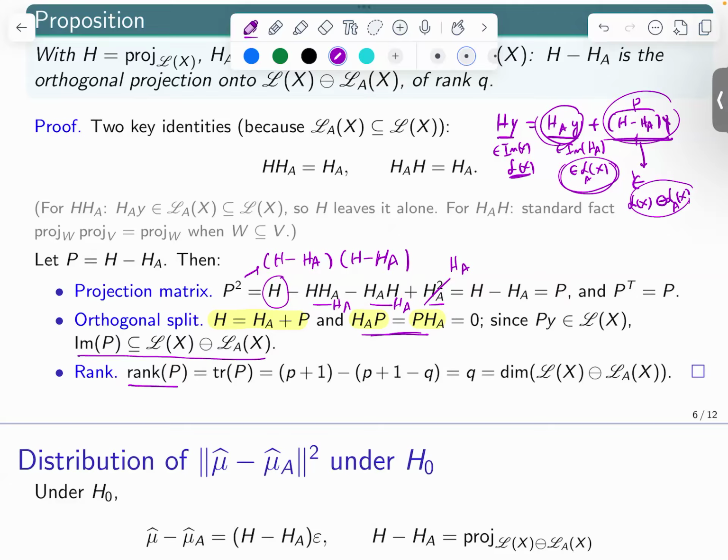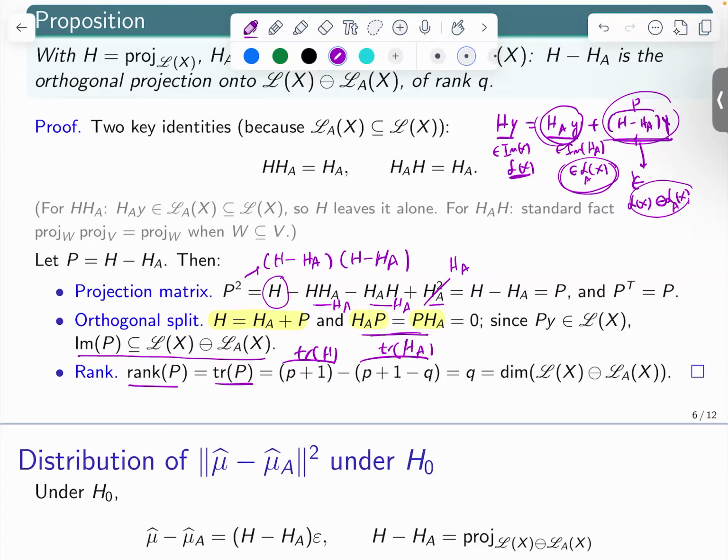but you can also argue that it's exactly equal to that by doing a dimension count. The dimension of the image of P is the rank of P, which is equal to the trace of P because it's a projection operator, if you remember. The eigenvalues are 0 and 1, so for projection operators, the trace is equal to the rank of P. And the trace of P is the trace of H minus the trace of HA.